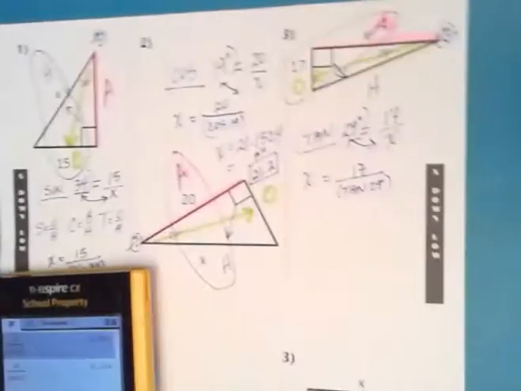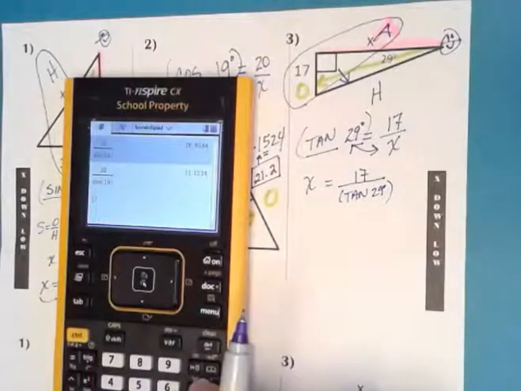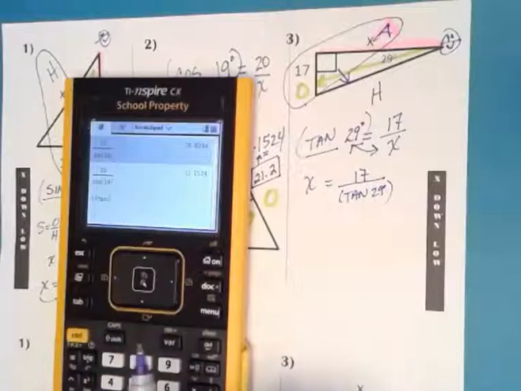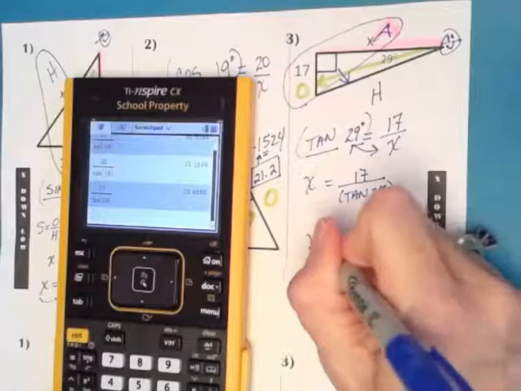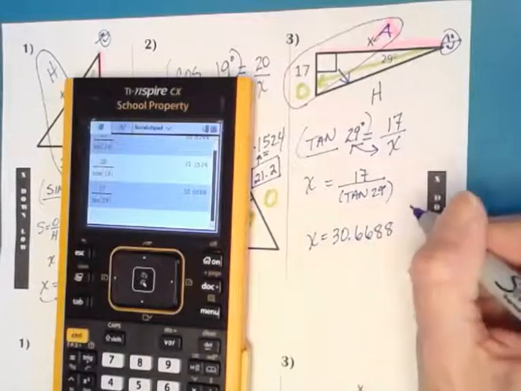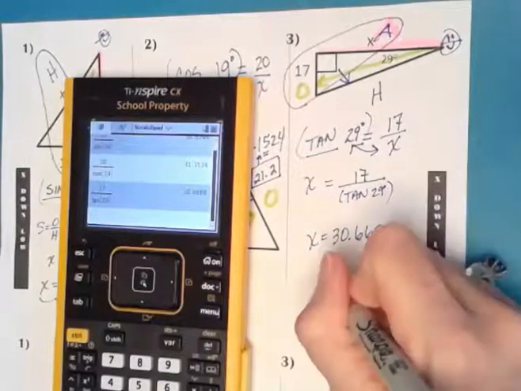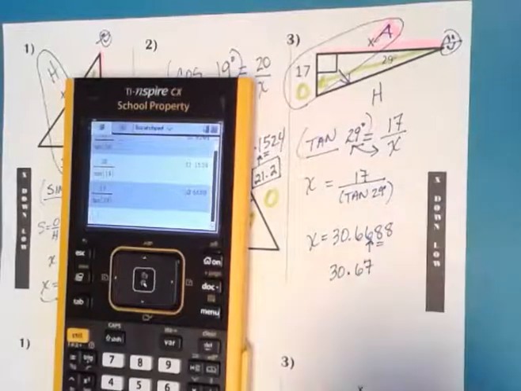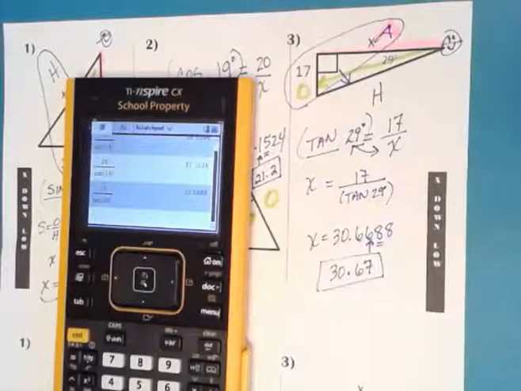And in the calculator, I am putting 17 divided by trig tan 29, enter. X equals 30.6688. Let's round this one to the 100th position, which is this position, which says look to the right. We get 30.67, since the 8's 5 or higher. X down low.